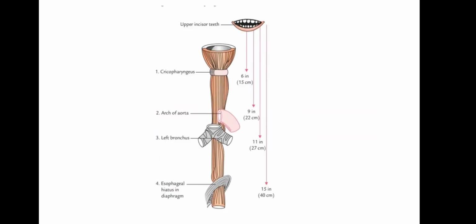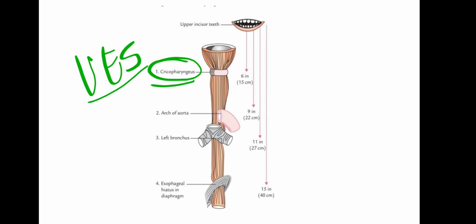Okay, so we will see about the constructions. The first construction is in the initial part where the esophagus just starts, where it is enveloped by the cricopharyngeus muscle. So it forms a kind of sphincter called the upper esophageal sphincter.